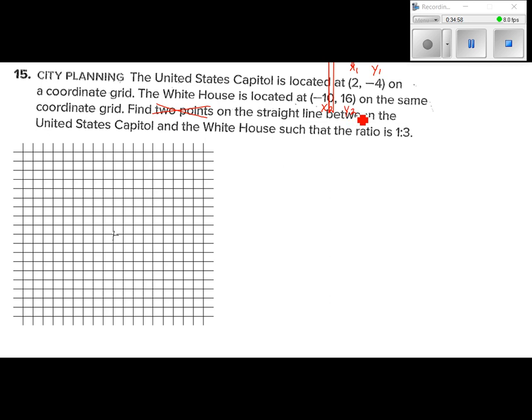Do we need to graph it? We could if we wanted, but it's not really necessary. Which one are we using this time? That one, right? Because this, no, we're using that one, right? So this is our M, that's our N.